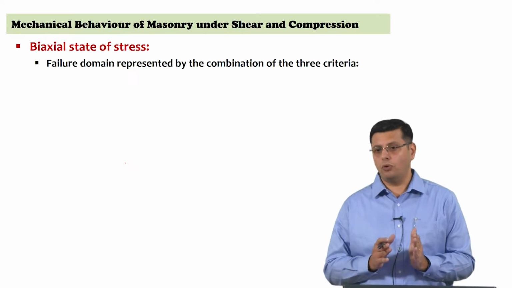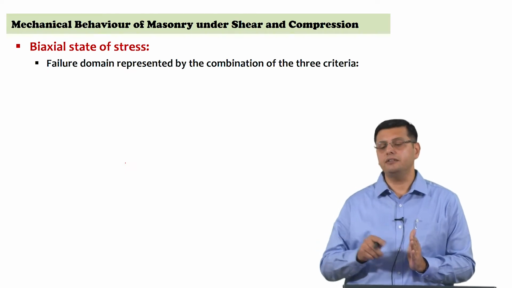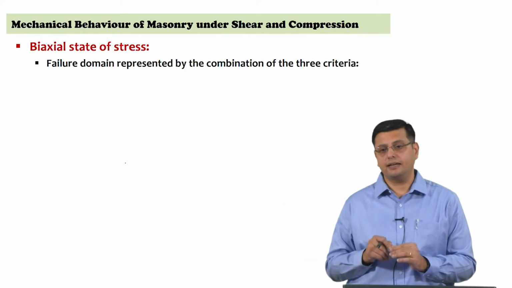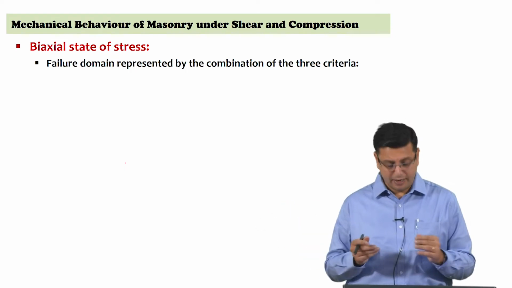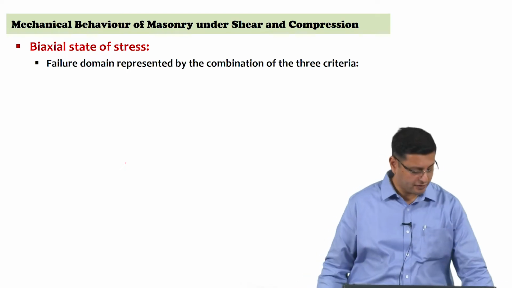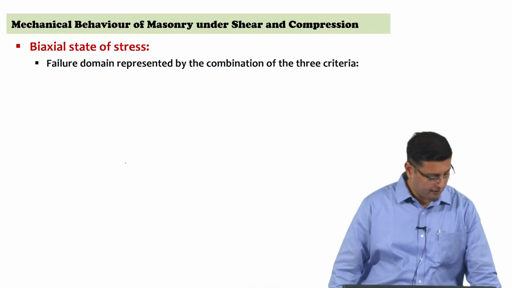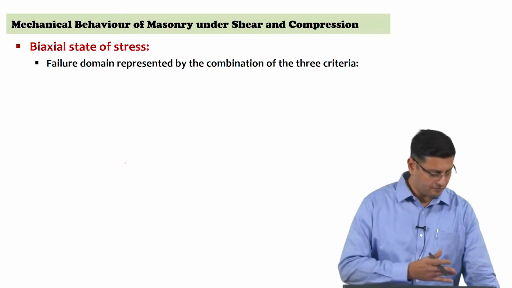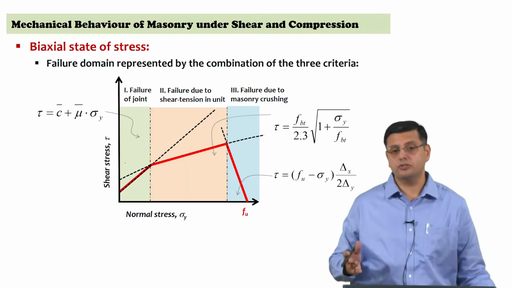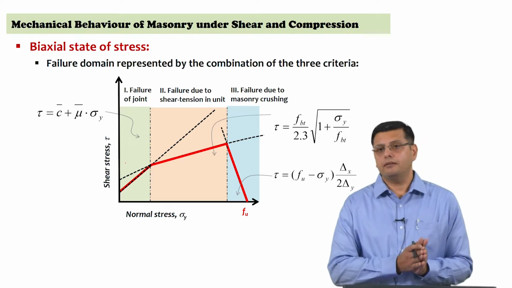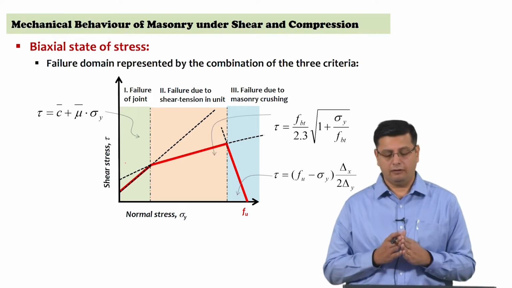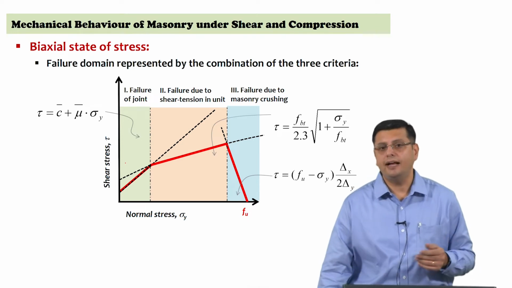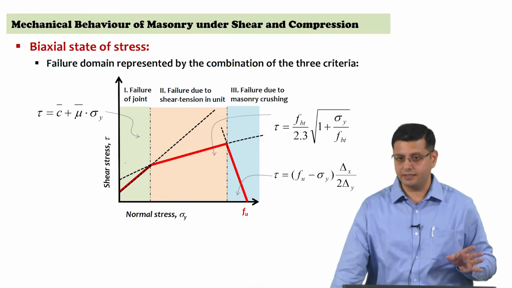So in a slender wall with high precompression, you can get the flexural crushing mechanism that can occur in a masonry wall under the action of lateral forces and gravity forces. So we are basically looking at all possible geometrical combinations in terms of the aspect ratio of the wall and in terms of the material strengths.